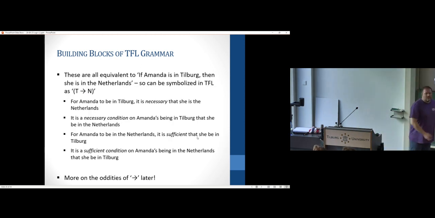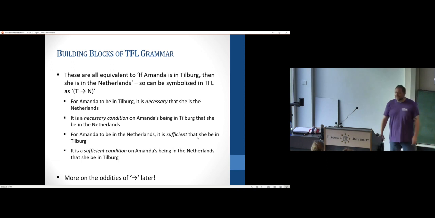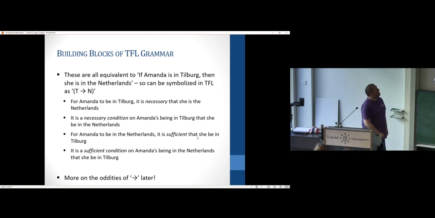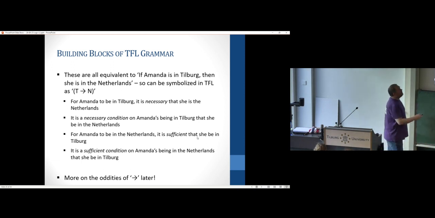So a few other sentences you've probably come across in philosophy that will all be symbolized with these conditionals. In fact, these are four different ways to say what would be symbolized as T conditional N. For Amanda to be in Tilburg, it's necessary that she's in the Netherlands. It's a necessary condition on Amanda's being in Tilburg that she be in the Netherlands.